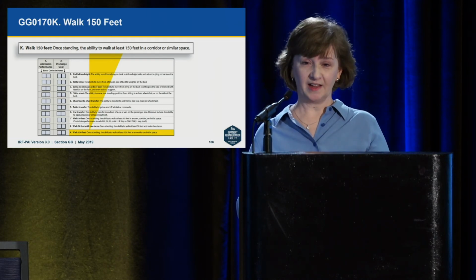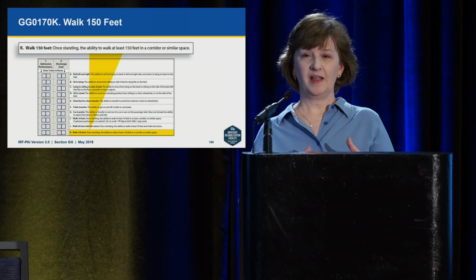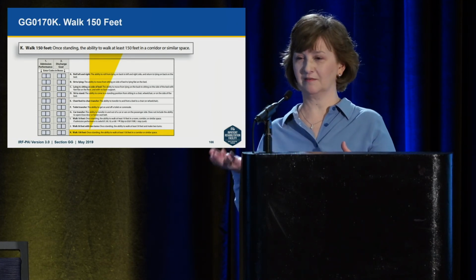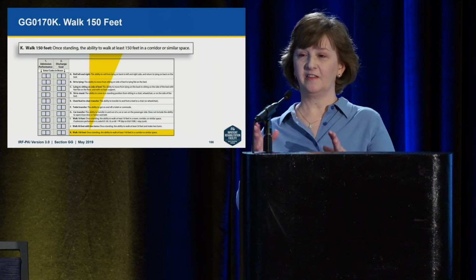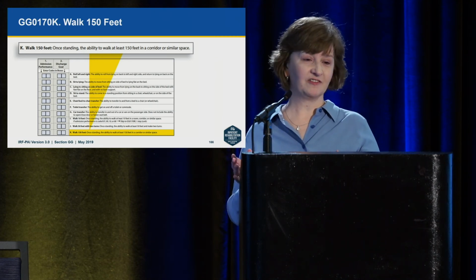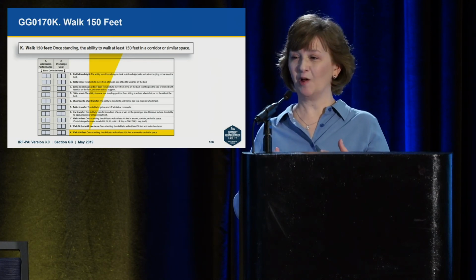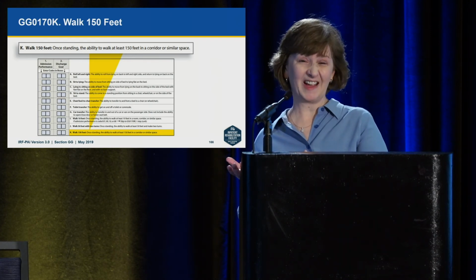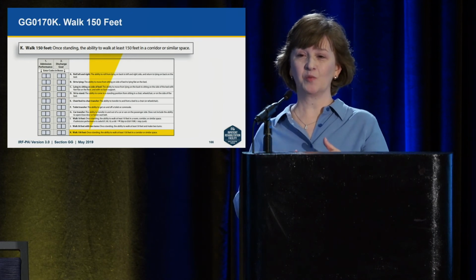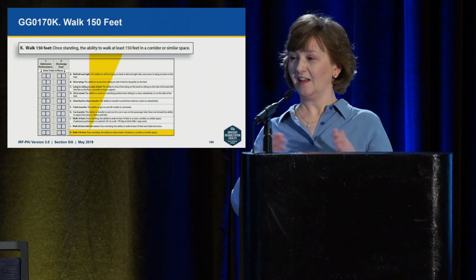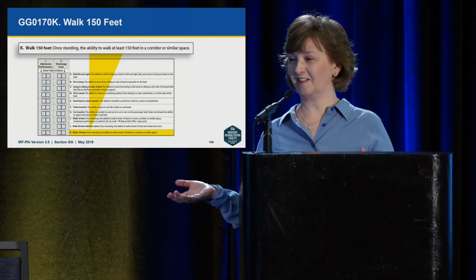So for walking, if the patient is only able to walk 50 feet, the activity of walking 150 feet didn't occur. That's because the helper can't perform the activity for the person, so we don't know how much help the person would need if the person went 150 feet.